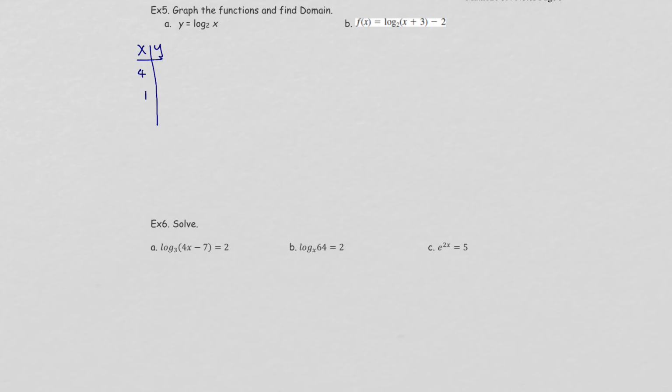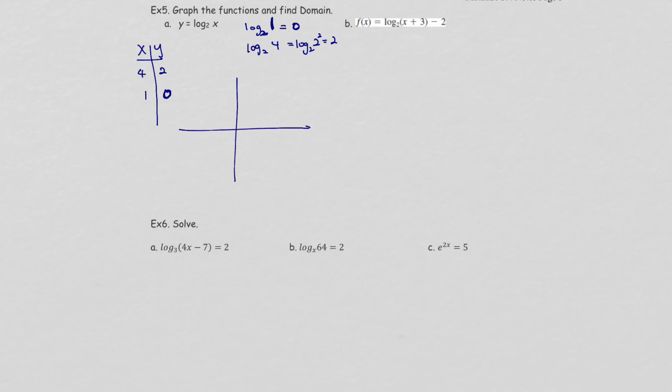When x is 1, we know the solution has to be 0, because any logarithm of 1 is equal to 0, since 2 to the 0 exponent is equal to 1. So that's how you get 0 there. When x equals 4, you have log base 2 of 4, which is log base 2 of 2 squared, so it will be 2, right? So that's how you get that 2.